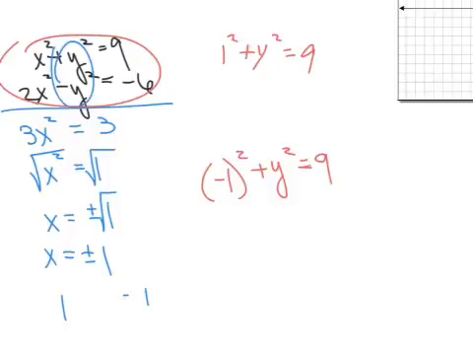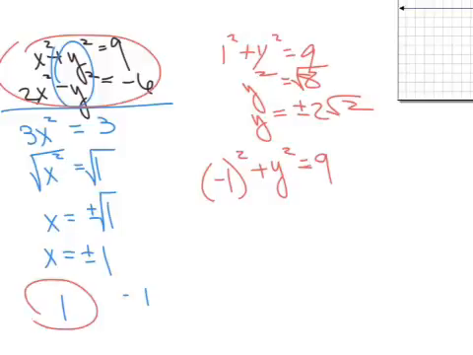Let's plug the 1 in, and we get 1 plus y squared equals 9, so y squared equals 8. Square root of both sides, y equals plus or minus 2 square root of 2, because the square root of 8 simplified is plus or minus 2 square root of 2. See what we got here? When we plugged 1 in, we got 2 y values.